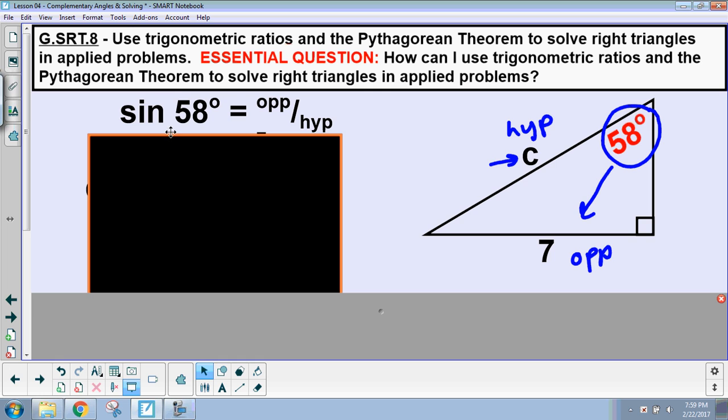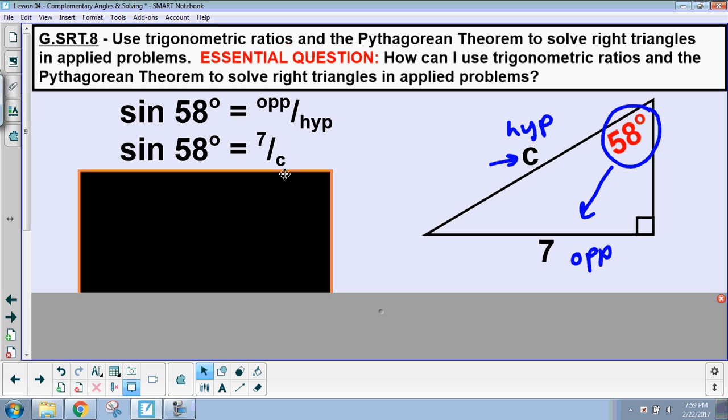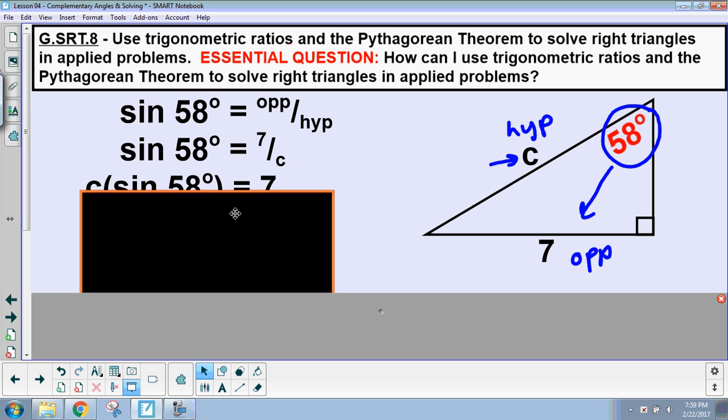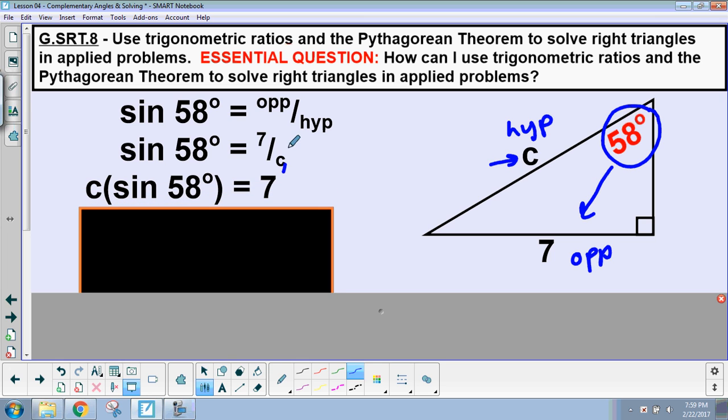So sine 58 should equal opposite over hypotenuse. Plug in what you know. So 7 over c. Multiply both sides by c. Let me show you what that looks like. Granted, I typed this up, but if it were to be stacked up, it'll look like this. If you multiply both sides by c, these c's cancel, and you have 7 left over. And all of this is multiplied by c.